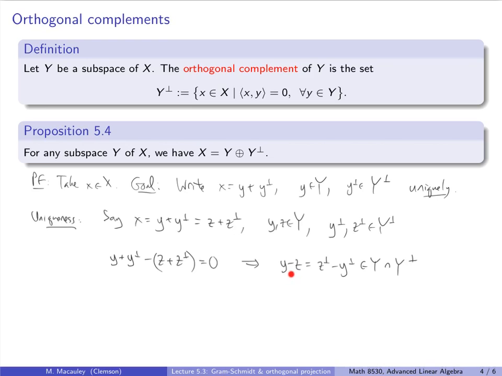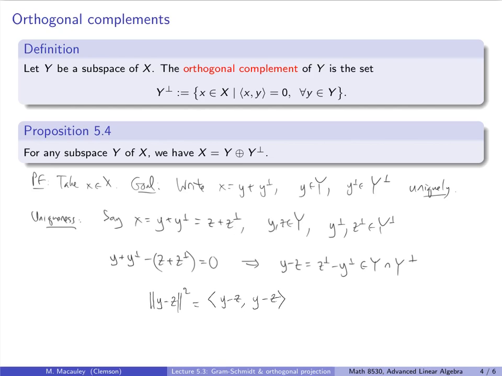If we can show that this is 0, then we have uniqueness automatically, because then these two sums are equal. So let's show that. So why is this equal to 0? Well, to show a vector is equal to 0, one way to do it is to show that its norm is 0. So what's the norm squared of y minus z? Well, that's the inner product of y minus z with y minus z.